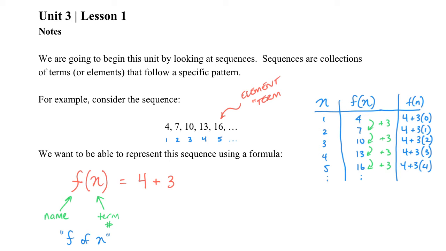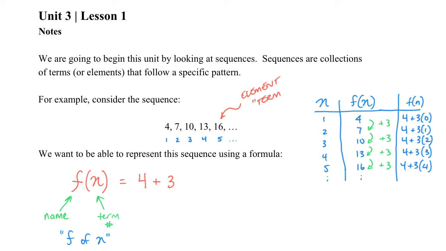So if you notice, we're multiplying 3 by the next number every time, and the number that we're multiplying it by is 1 less than the term number. Since this is generating term 1, we're going to do 4 plus 3 times 0. Since this is term 4, we're going to do 4 plus 3 times 3.